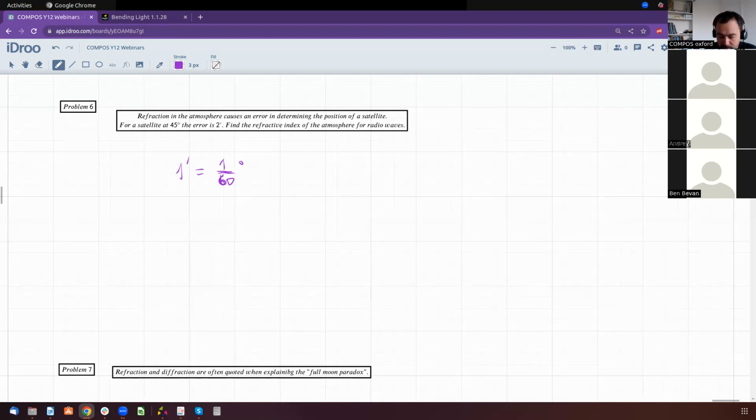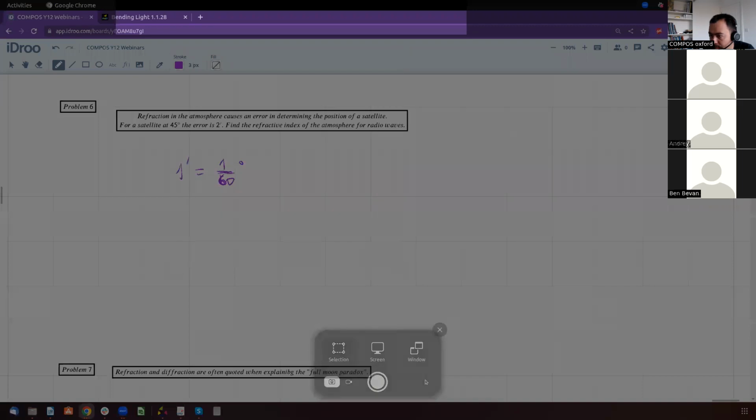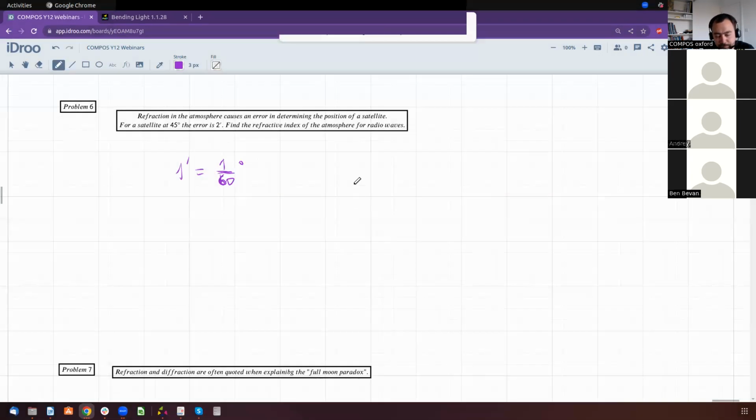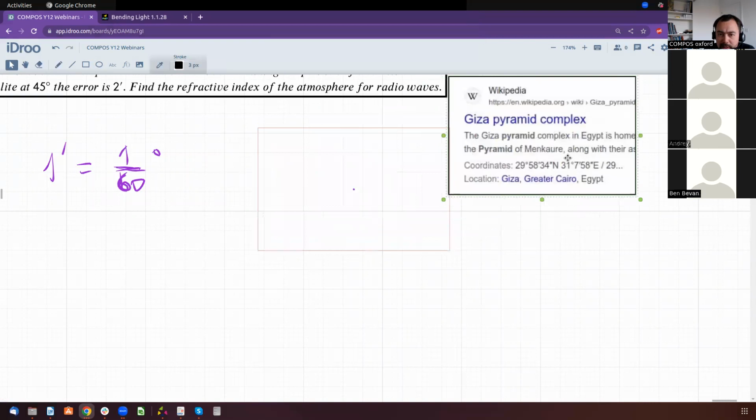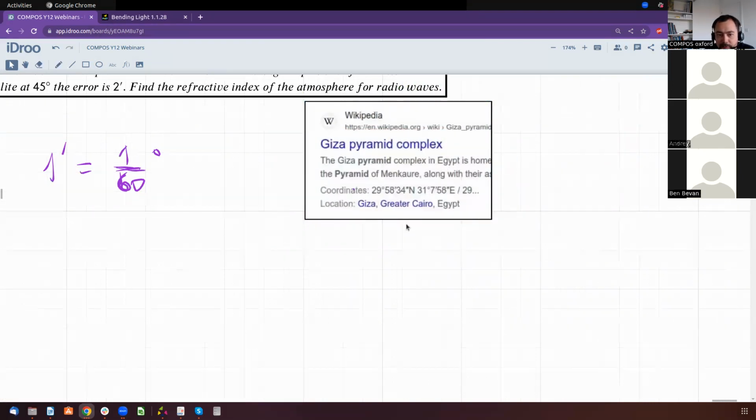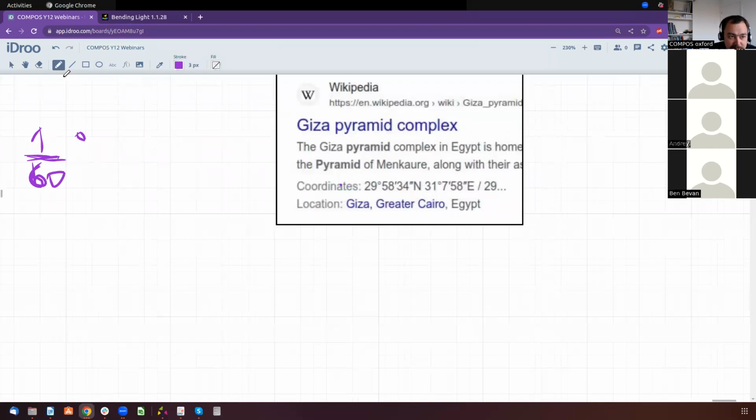Coordinates. So Giza Pyramid Complex. I hope you know that the GPS coordinates are written in degrees, and it's equal to 29 degrees, 58 minutes, and 34 seconds.